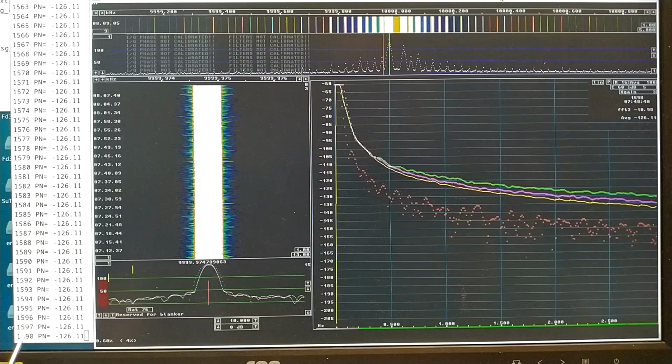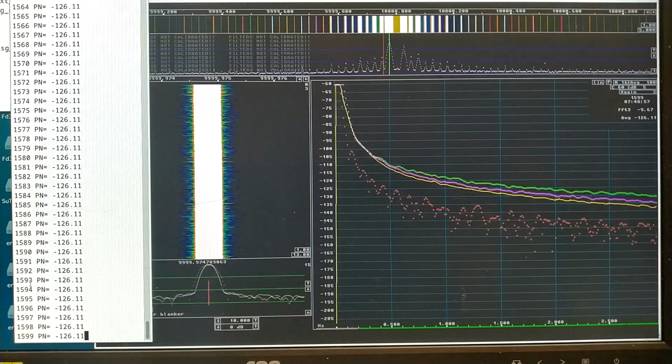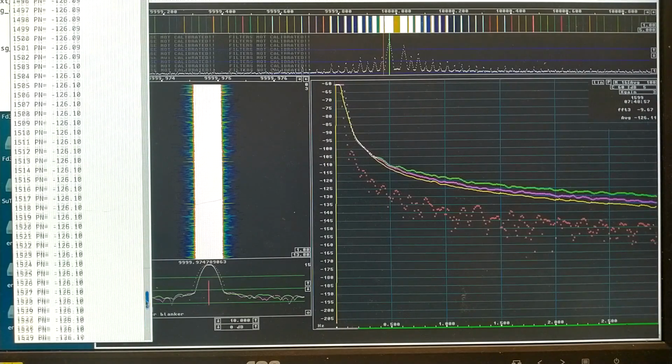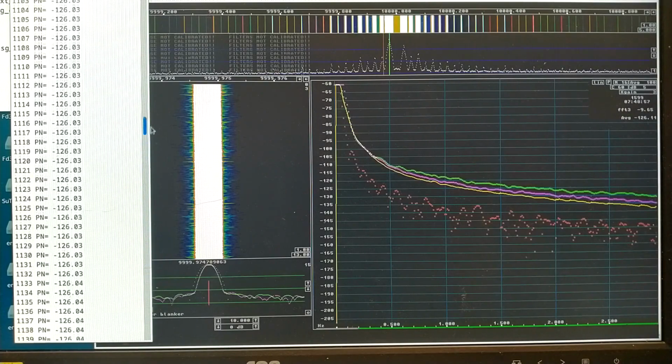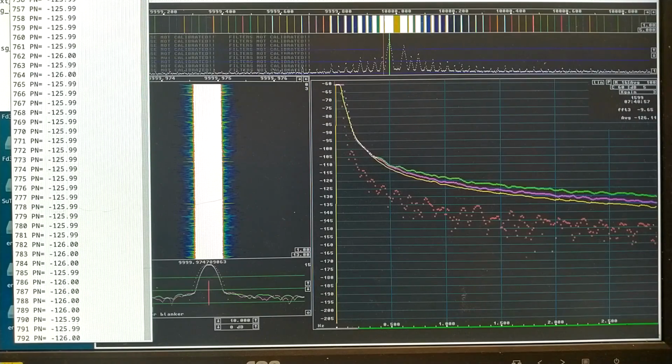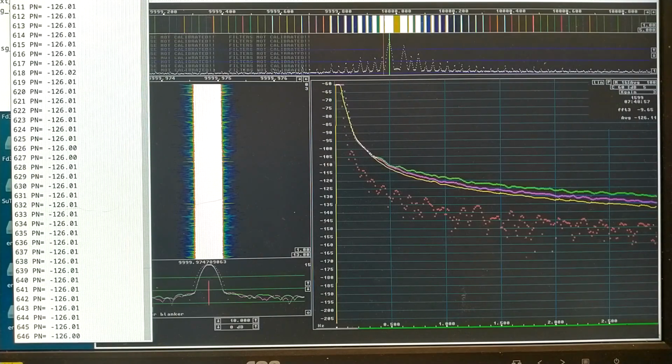I have run now for 7 hours and 40 minutes, and it is 1,598 averages. And you can see the value is constant within 1/100th of a decibel. Now I can look back in time, and we can see it was here 07, 08. And I cannot look longer than back to point number 600.